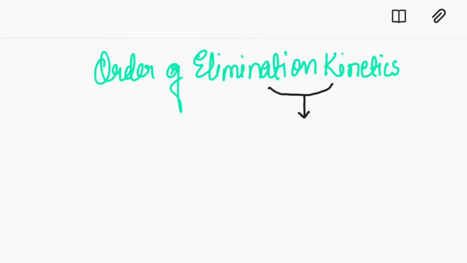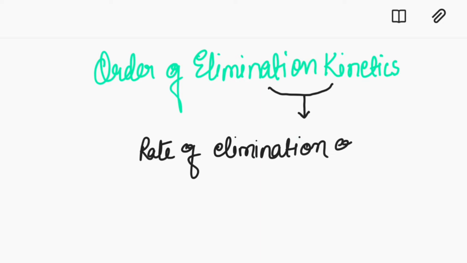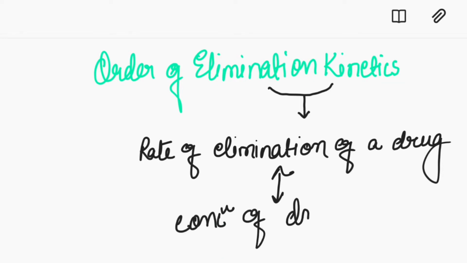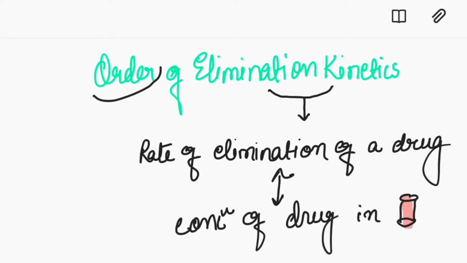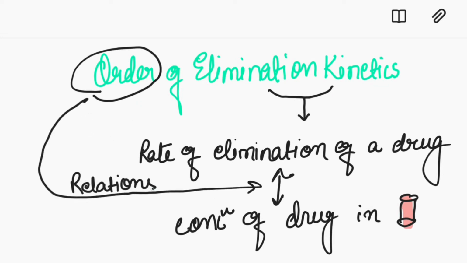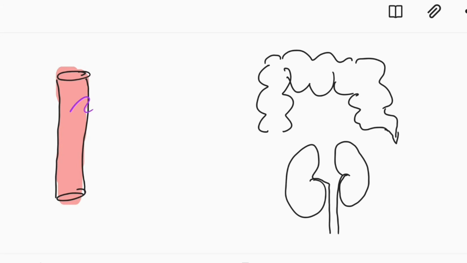Now listen to me carefully. Elimination kinetics means rate of elimination of a drug, which is usually taken in relationship with concentration of drug in plasma. And the order tells us the relationship between the two. Let me explain this through a graphic diagram. Let's take the concentration of a drug in plasma at 1000 milligrams.